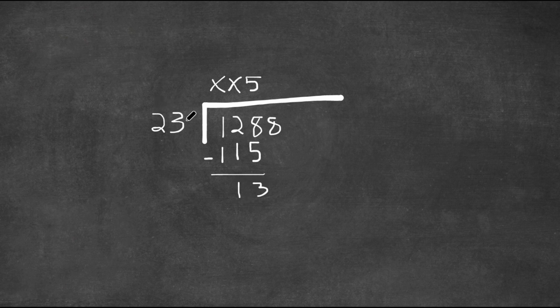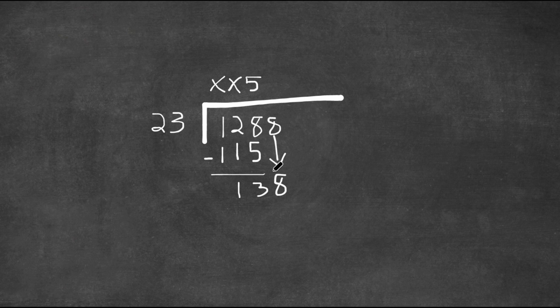How many times can 23 go into 13? It can't. So now that we can't actually put an x anymore because we already have our first number, we're going to drop down our 8 here. So now we want to figure out how many times can 23 go into 138.